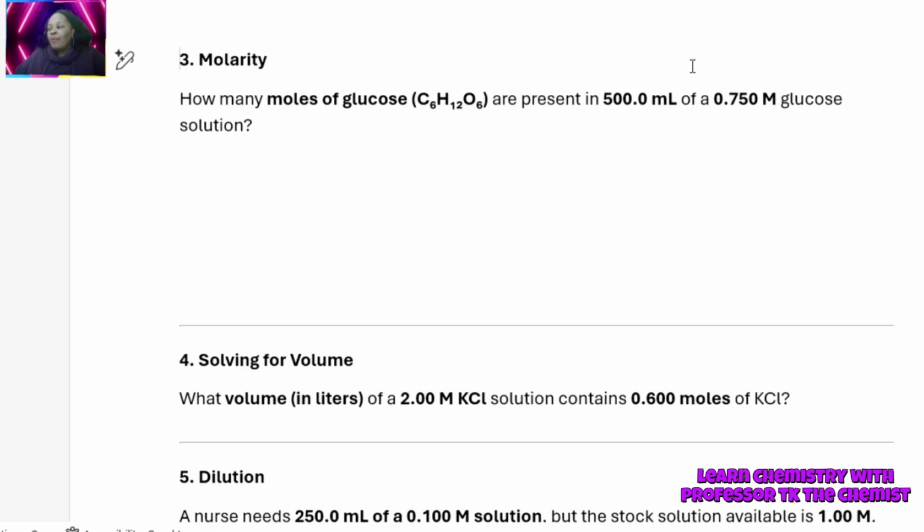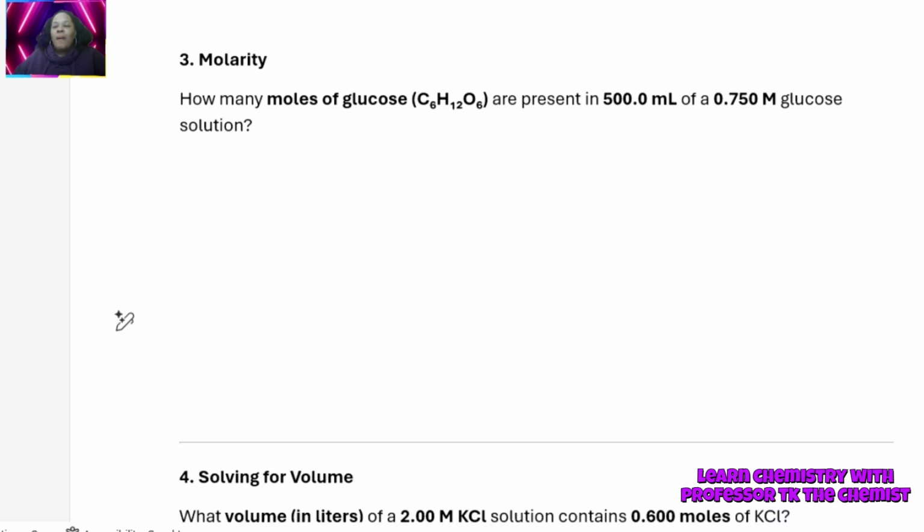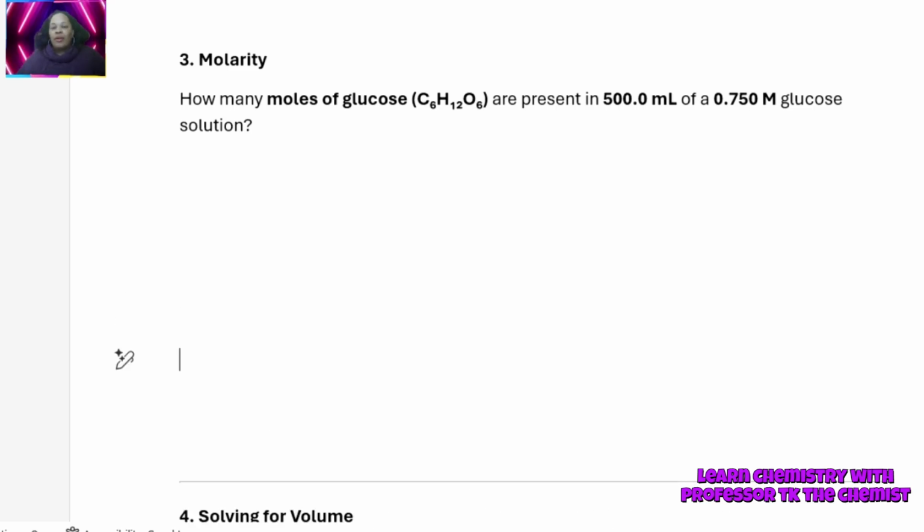So now in problem number 2, you're going to have to calculate the moles. It says, how many moles of glucose are present in 500.0 milliliters of a 0.750 molarity glucose solution? All right, here is what you need to do. First off, I know that the formula for molarity is equal to moles divided by liters, right?